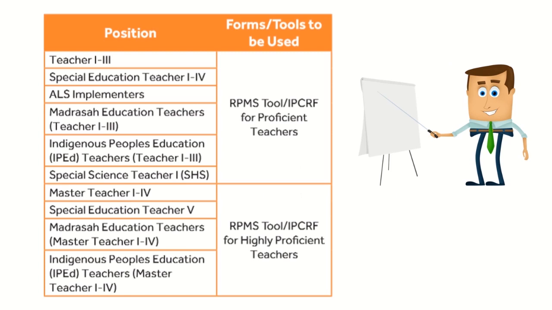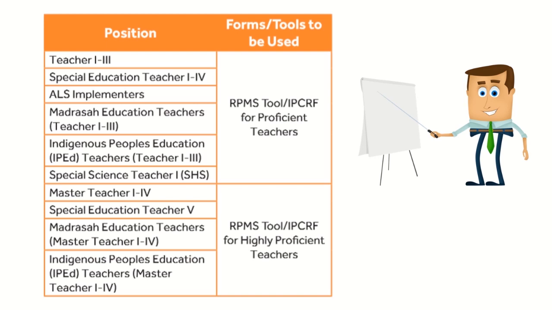All right, this is also a very important update. What specific tools are you going to use depending on your designation? For Teacher 1 to 3, this is just a summary: we have the RPMS tool for the proficient teachers.